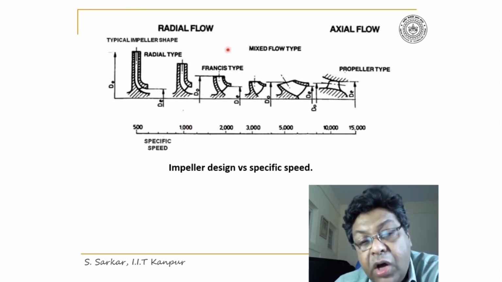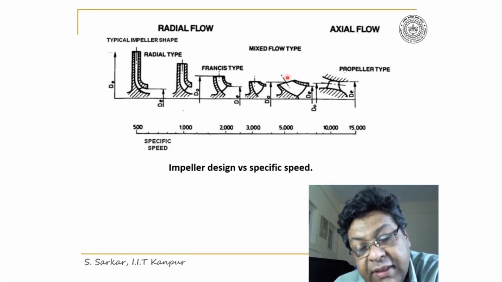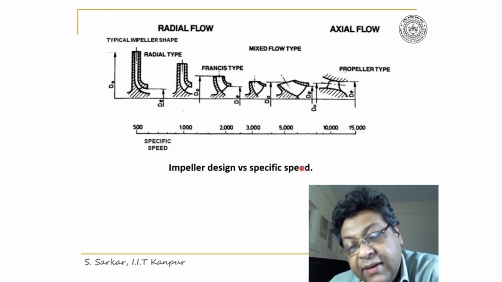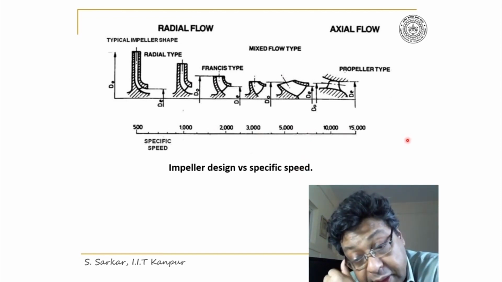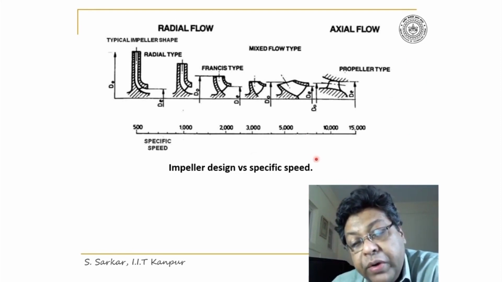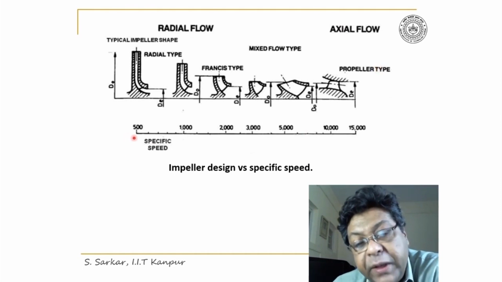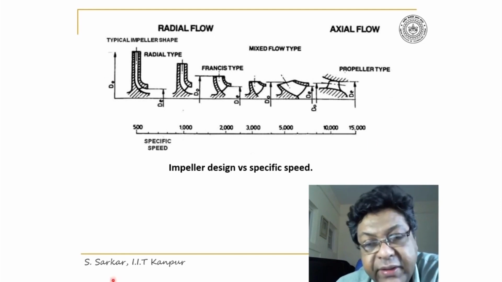In the middle region, we land on a mixed flow impeller, and when the specific speed is more than 10,000, we land on axial flow machines. Here specific speed has been expressed in terms of British units, not in SI units.